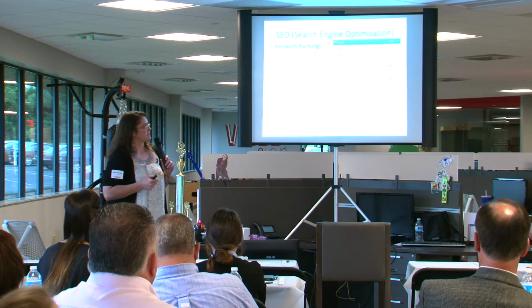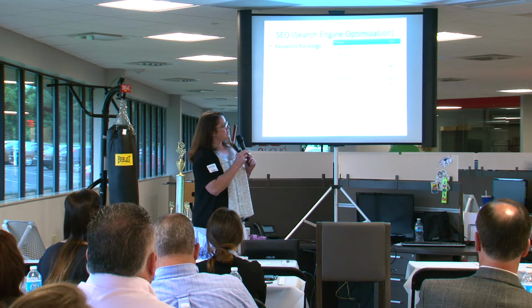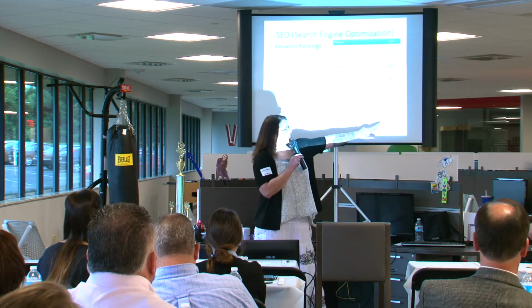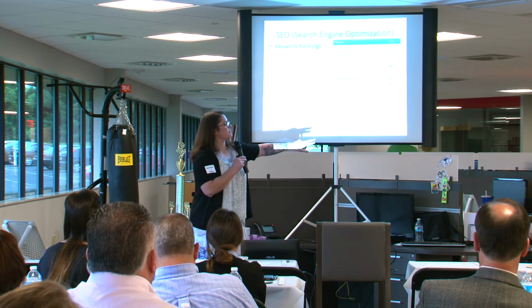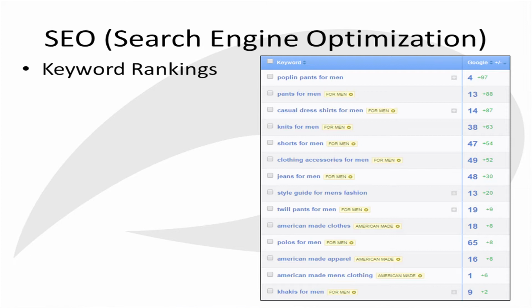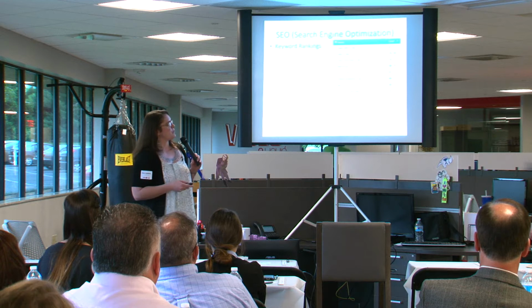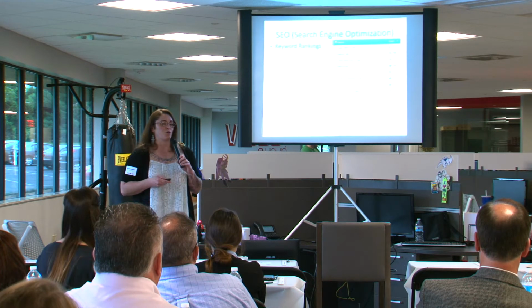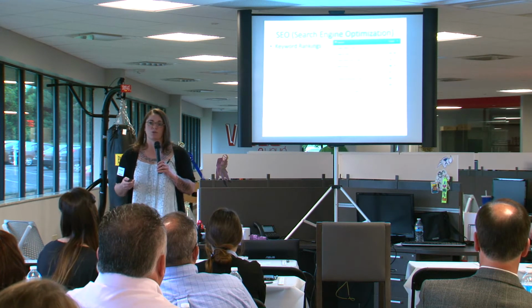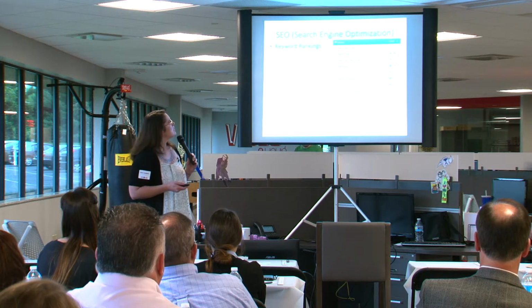And what you can see here in this chart is what their current placement is. That's this number on the left. You can see what their current ranking is within search results within Google. And then also that green number on the right is the number of places it's moved up since we started the SEO campaign. So this is a good way to measure whether or not your website is showing up for those keywords that you think are important for your website.